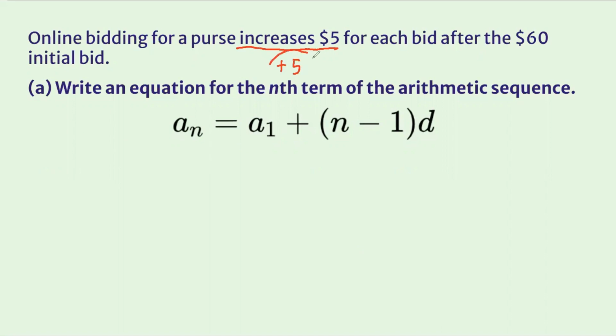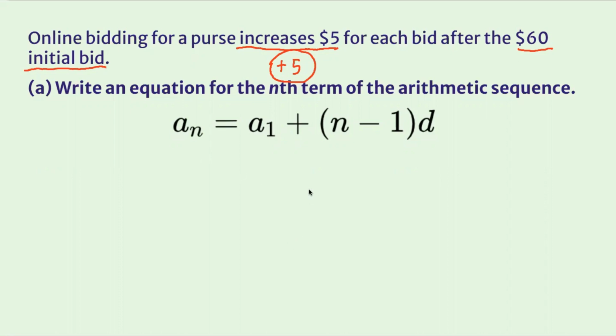And so now I'm thinking that increases 5, plus 5, that means that's probably our common difference. And so $60 is going to be our initial bid. So since it's initial, I'm thinking that's going to be your very first term in your arithmetic sequence, and from there it only increases by 5.